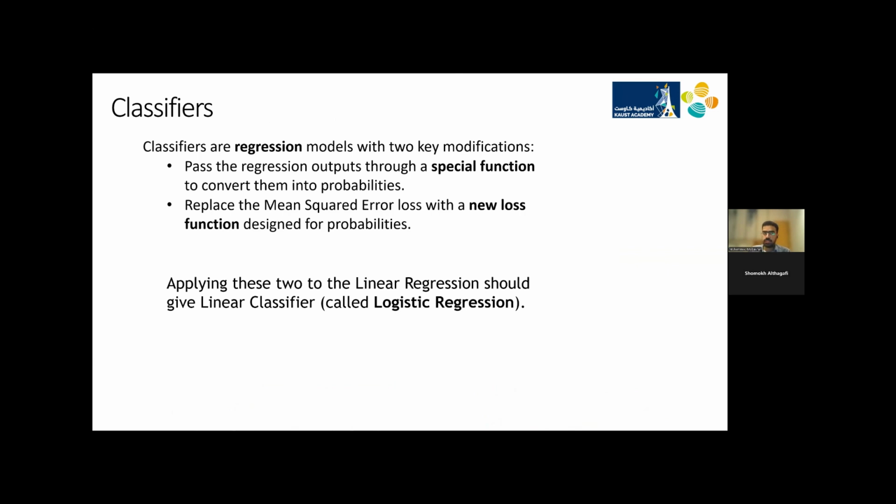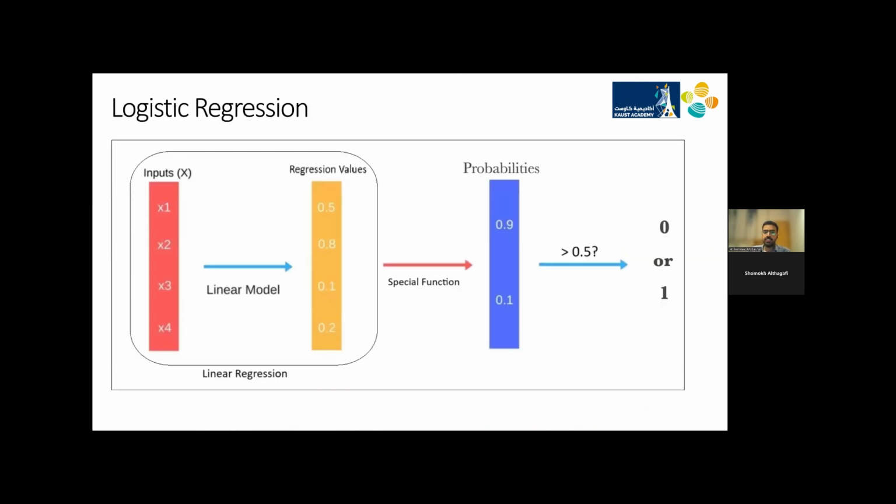Now, the question is how we do that. As I said, logistic regression is very similar to linear regression. We do have the linear model, and then we just squash it. We squash the output of the linear model to a probability, and then given a threshold, we can decide whether this is a positive class or a negative class.